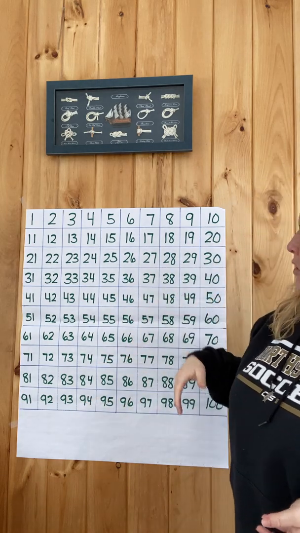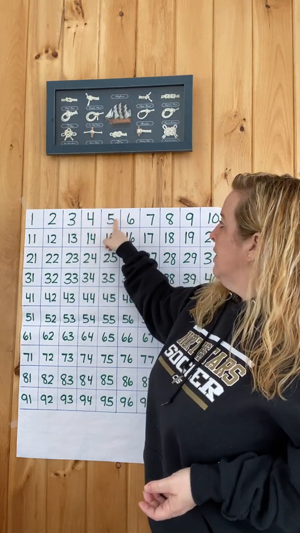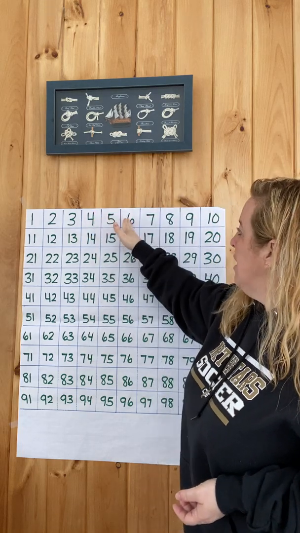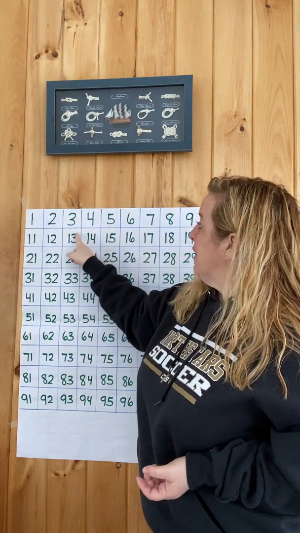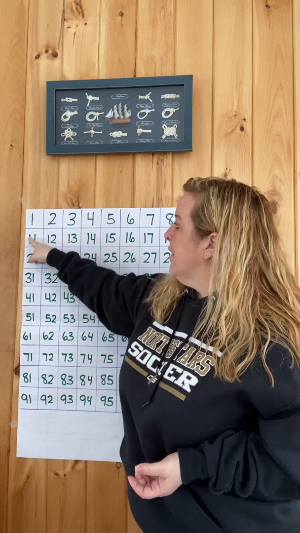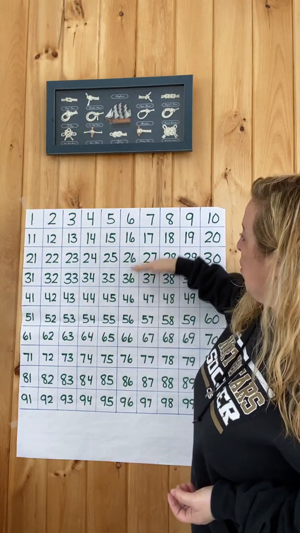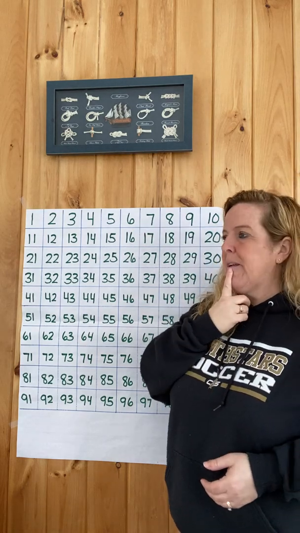Remember back when we were in school that we learned that if you go to the right, you're going to be adding, by one and then another. If you go to the left, you're taking it away. Look at 14, 13, 12, 11. But we also learned that whether you go up or down means something. Let's see if you remember that.